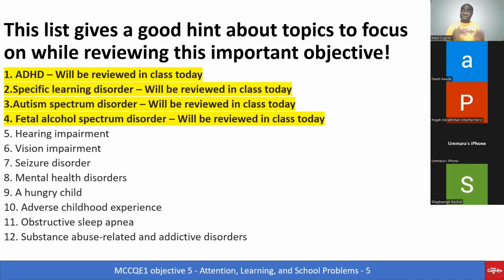We've addressed all this in our lectures, but because we are having a live lecture, I want us to pick 4 conditions and deal with them. Obstructive sleep apnea, we also deal with in pediatrics and respirology. Substance abuse related and addictive disorders are also under psychiatry. But today I want us to pick these 4: ADHD, specific learning disorder, autism spectrum disorder, and fetal alcohol syndrome, and then get to it.